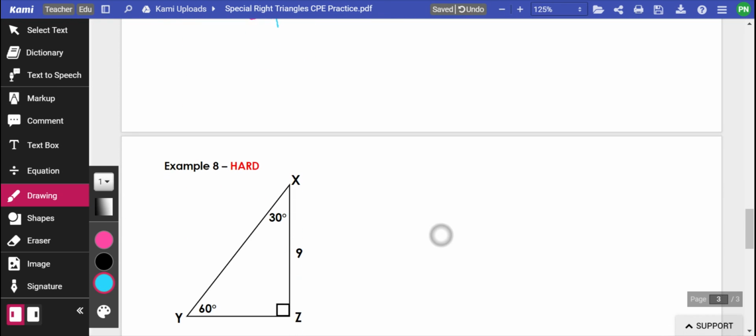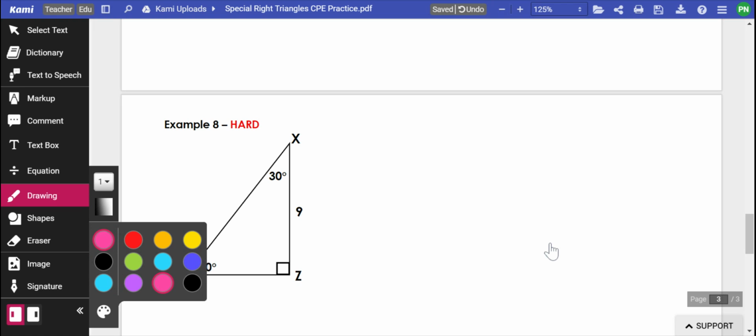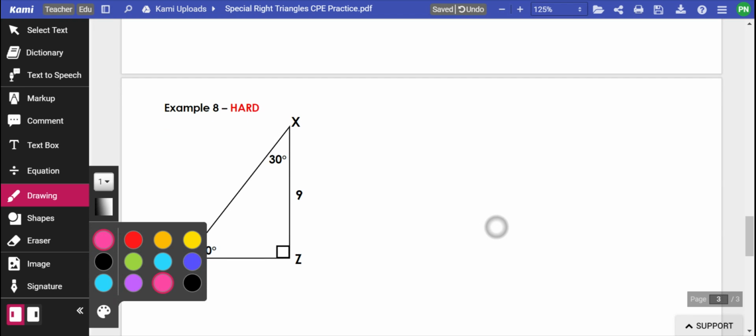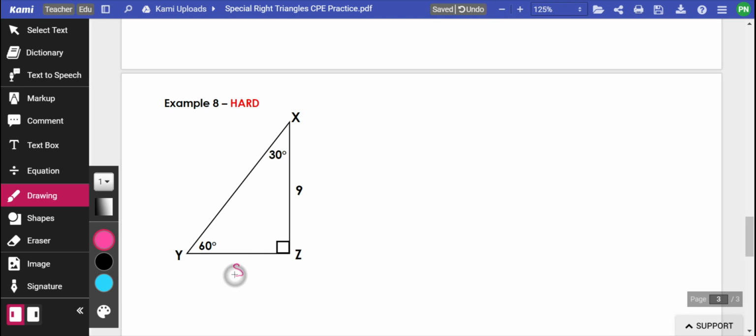All right, last one. This one's going to be a fun one. Some of you probably think I'm crazy right now. Okay, so across from 30, s, across from 90 is the hypotenuse, which is 2s, and then across from 60 is s radical 3.